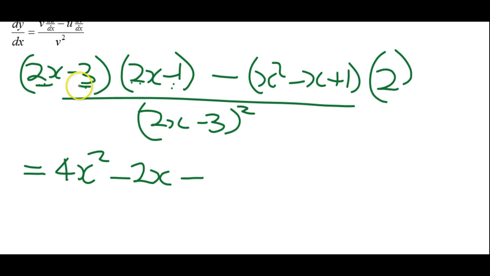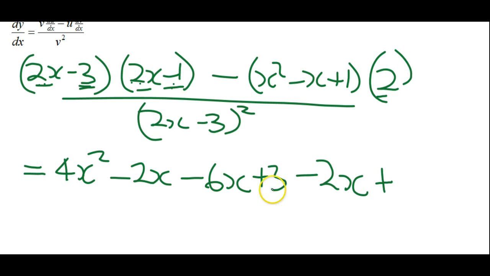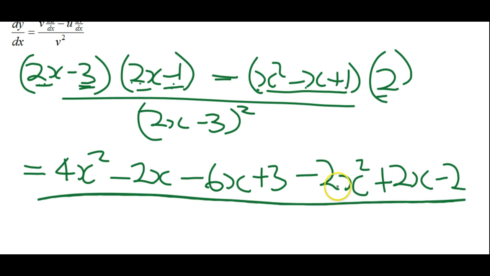Then we come to 3 times this, which is negative 6x. Then this times that will give you plus 3. Then minus 2 times this will give you minus 2x squared here, plus 2x, and then minus 2. Remember that this negative affects everything here, so it will affect this one to be negative, this to be positive, and this to be negative, all divided by our denominator, 2x minus 3 all squared.